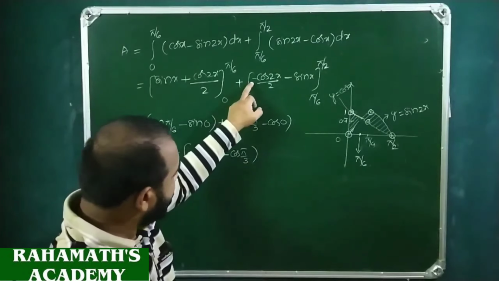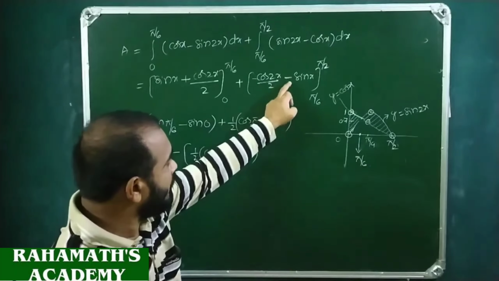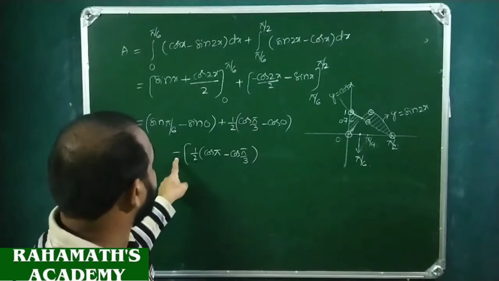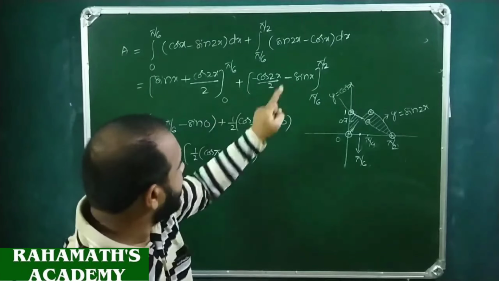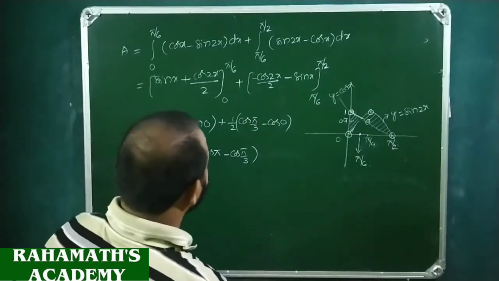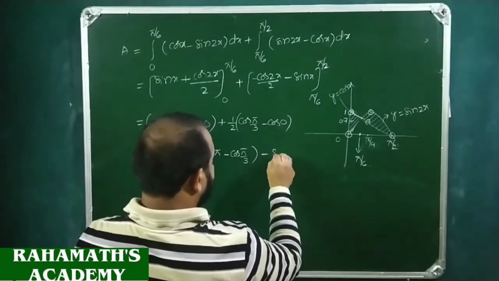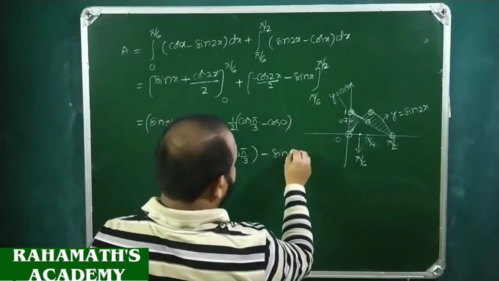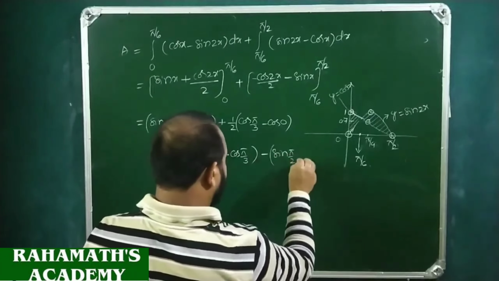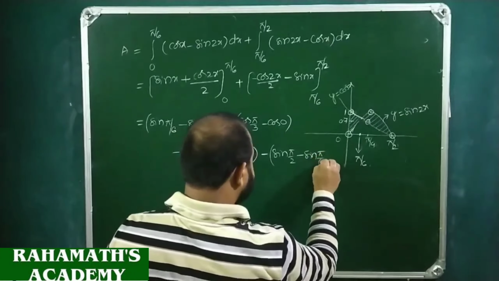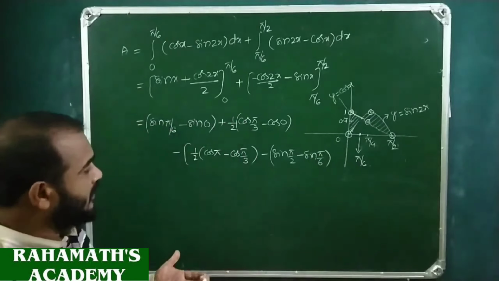So this is minus of, therefore this will be plus into minus, minus. Okay, sin at the upper limit pi by 2 minus sin at the lower limit pi by 6. So everything we have.